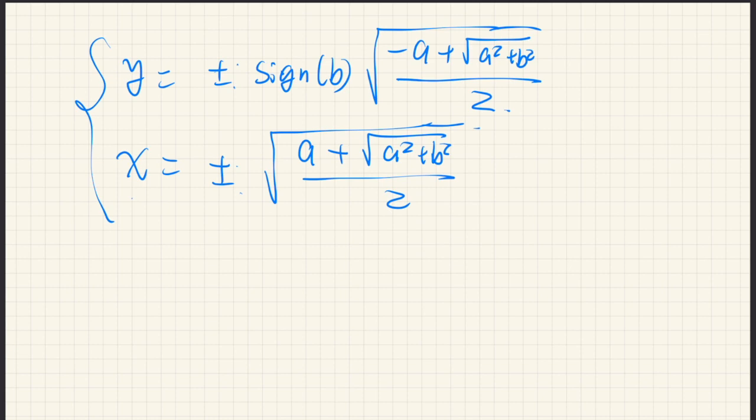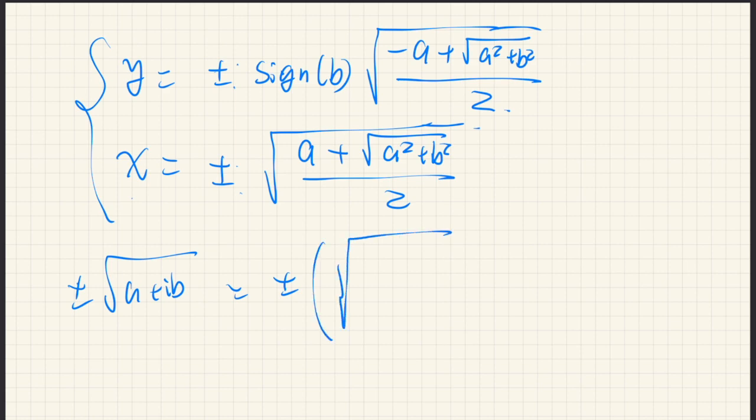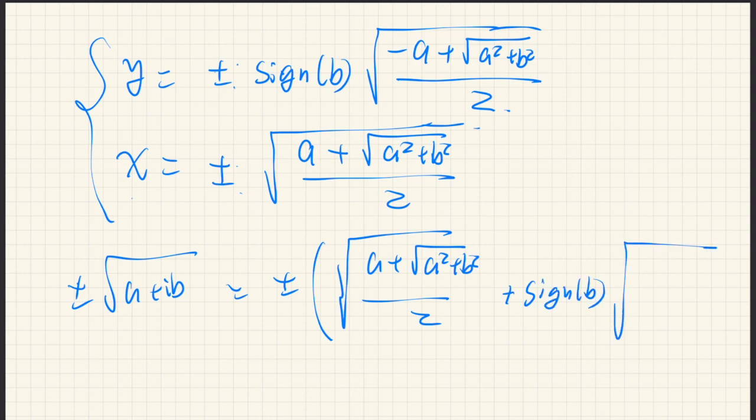So if b was non-zero, then the square root of a plus ib is plus minus (the square root of (a plus the square root of a squared plus b squared) over 2, plus i times sign of b times the square root of (negative a plus the square root of a squared plus b squared) over 2).